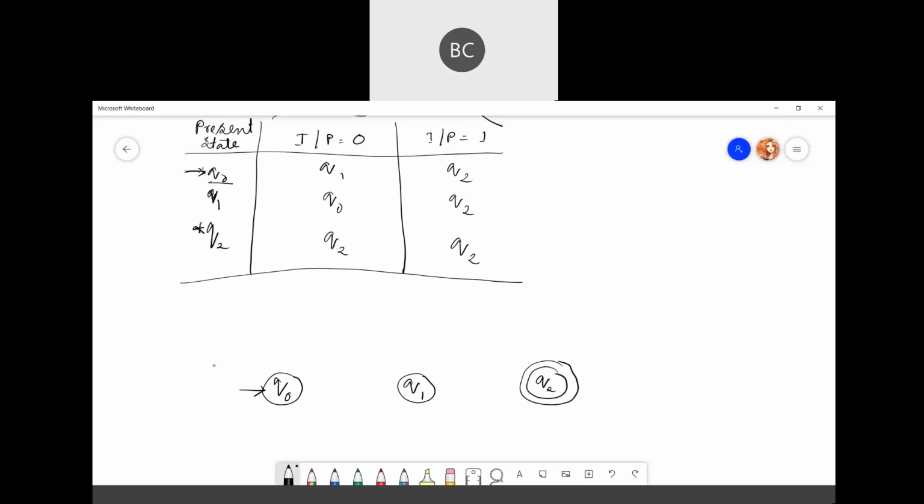Now you see from Q0, if we read input symbol 0, it moves to state Q1.